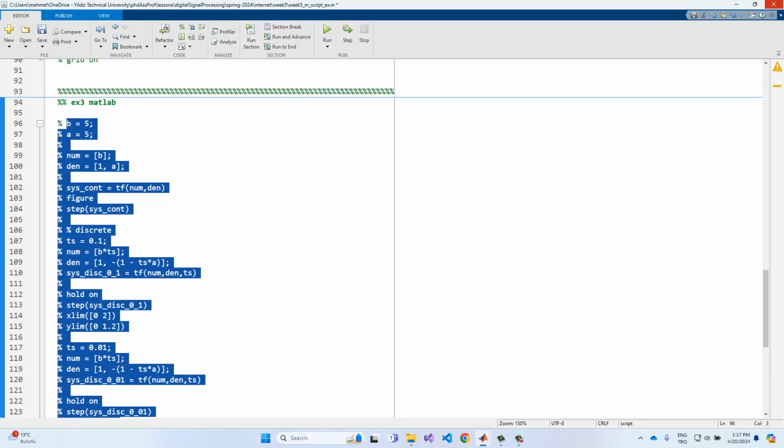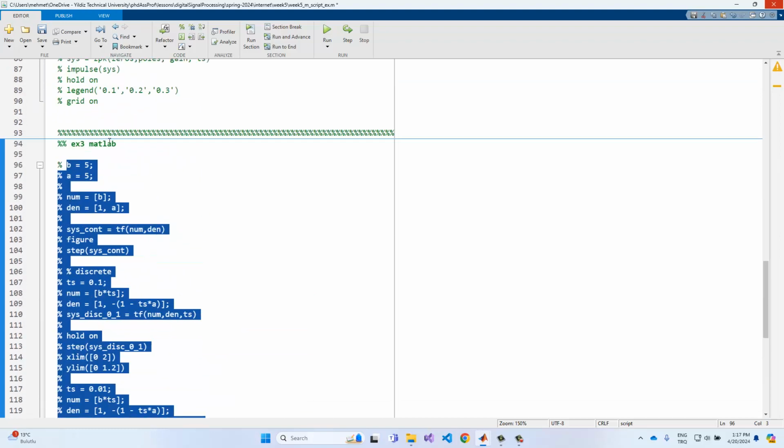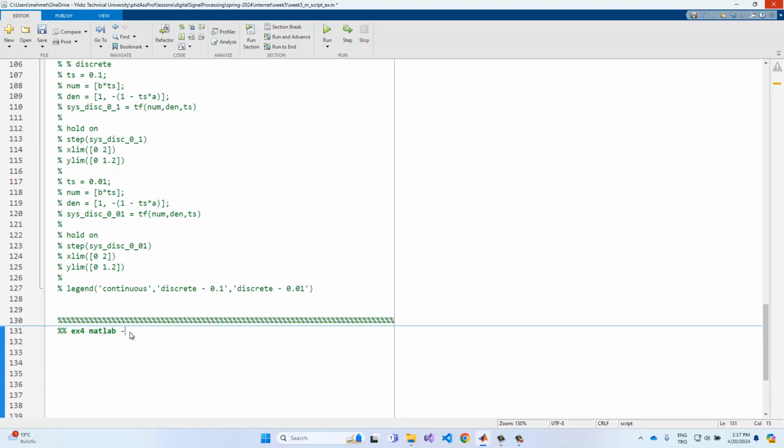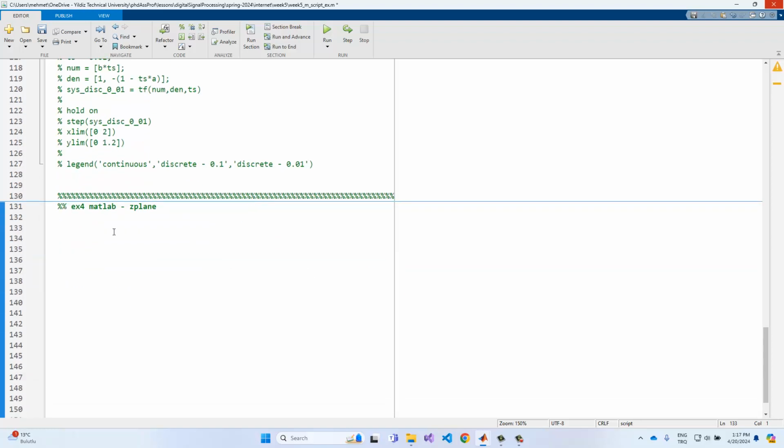so this is the X3 in here, and X4 Matlab, and the Z-plane can also be defined in here. What's a Z-plane? The Z-plane is utilized to check the stability of our discrete time system, because stability is the most important thing in the discrete time domain. If we don't have a stable system, then we cannot control or filter any signal.